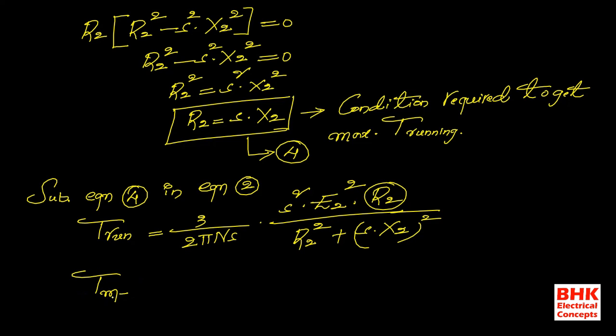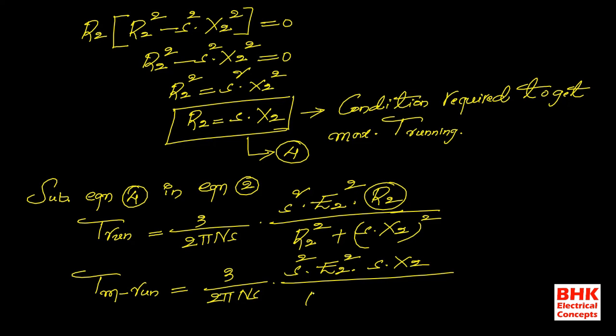So Tm means maximum, and here I am writing maximum running torque is equal to 3 divided by 2 pi ns into s square into e2 square into r2, which means s into x2, divided by instead of r2 again I substitute s into x2 whole square, plus here also the same, the remaining term is s into x2 whole square.